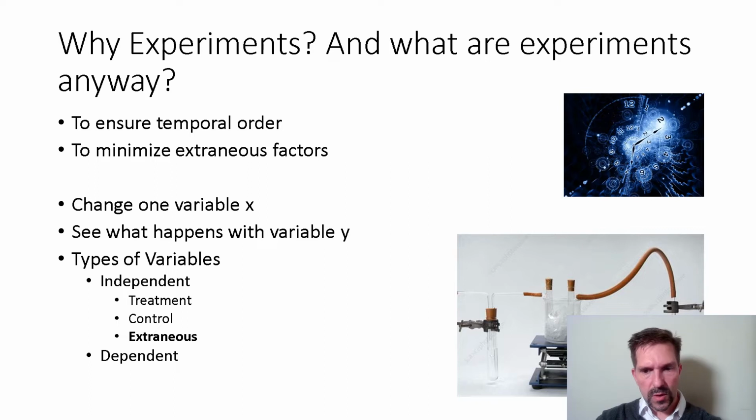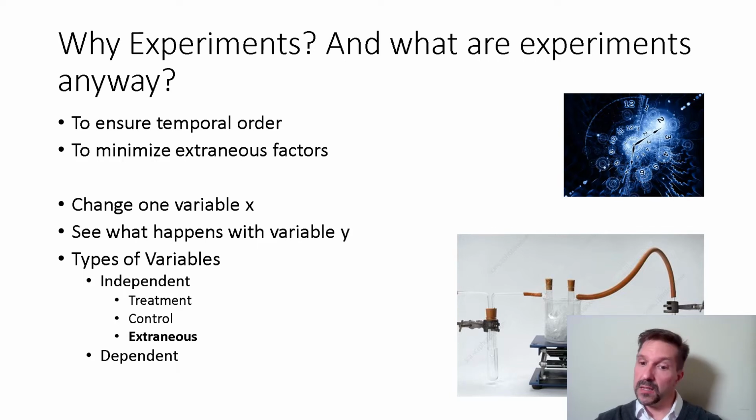Now, for us to determine causality, the third condition is basically going to push us to need to use experiments. The reason is that eliminating all alternative explanations or all extraneous factors is so difficult that the best tool we have at our disposal is an experiment, to make sure that we control everything that we can so that nothing else is changing.